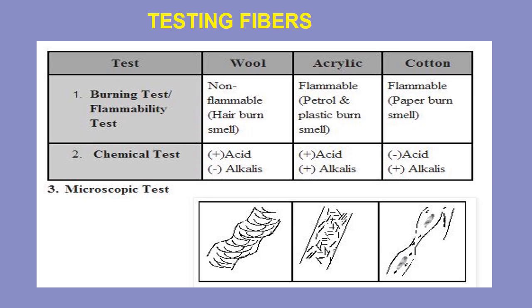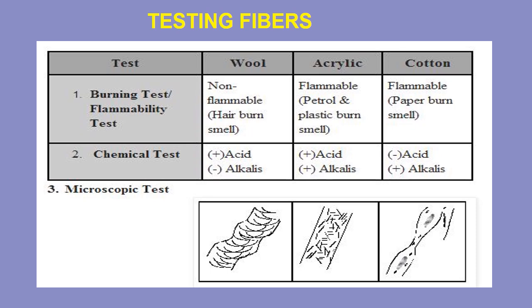In chemical test, what we can see is wool will have a positive reaction with acid and negative with alkalis. In case of acrylic, it will have a positive effect for both acid and alkali. And in case of cotton, it will have a negative effect of acid and positive effect of alkali. So positive means it will have a more serious effect on the fibers.